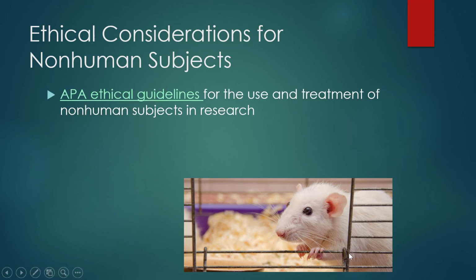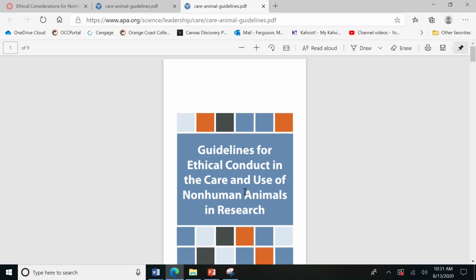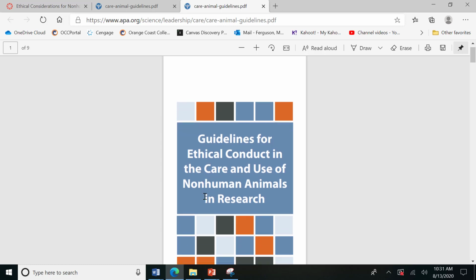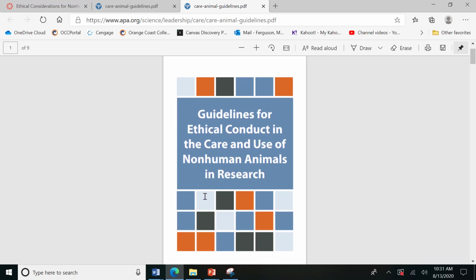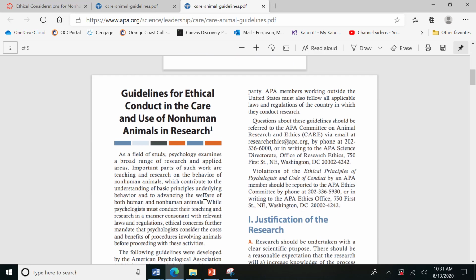So the APA has ethical guidelines also for animal research. And that link just took us to these guidelines here. So the guidelines for ethical conduct in the care and use of non-human animals in research.